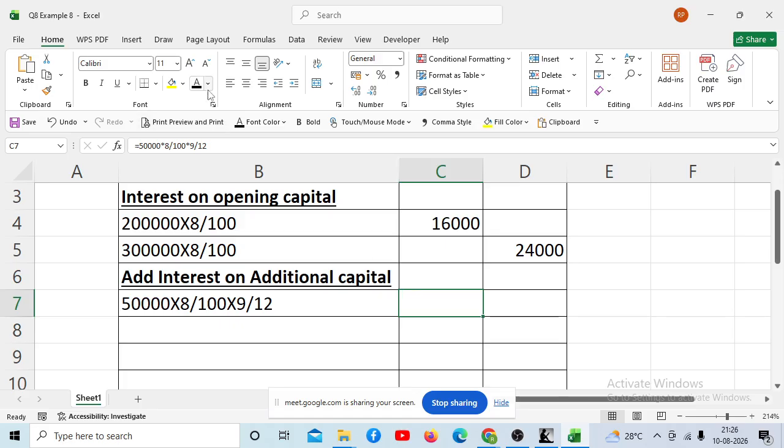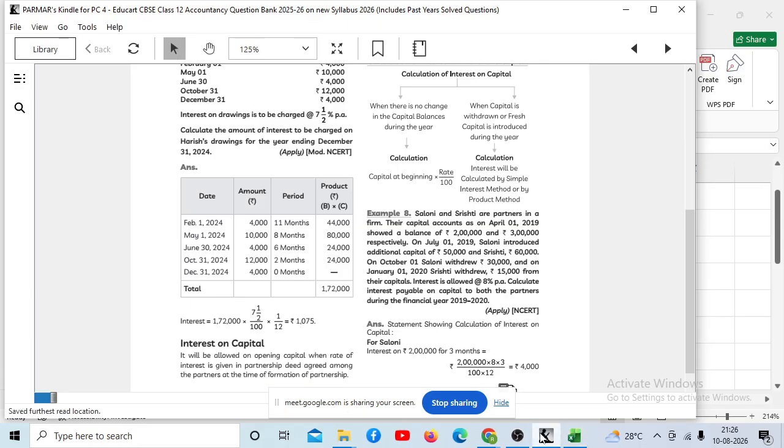3,000. Okay. Similarly, we will check the second one. Saloni introduced additional capital of 50,000 and Srishti 60,000. So on 60,000 we will be calculating 8%, and again it will be for the same 9 months only, right?